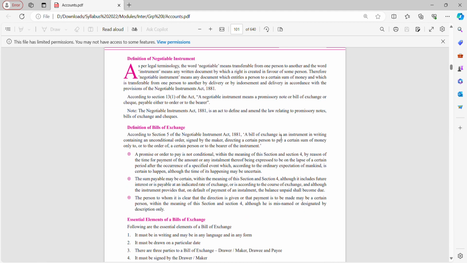Definition of bills of exchange. According to Section 5 of the Negotiable Instrument Act 1881, a bill of exchange is an instrument in writing containing an unconditional order signed by the maker, directing a certain person to pay a certain sum of money only to, or to the order of, a certain person or to the bearer of the instrument.